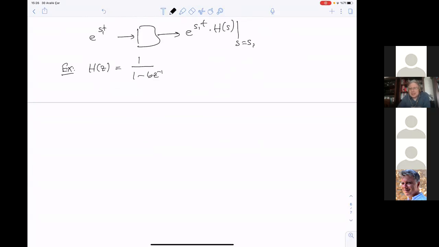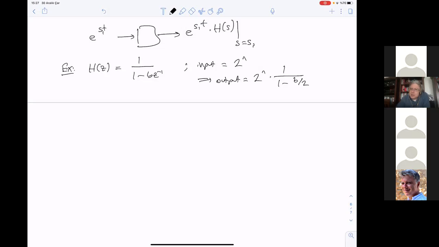That's how we usually construct questions. The input is 2 to the n, which makes the output 2 to the n times h of z at z is equal to 2, which is 1 over 1 minus b times 2 to the minus 1, that is, 1 over 1 minus b over 2.